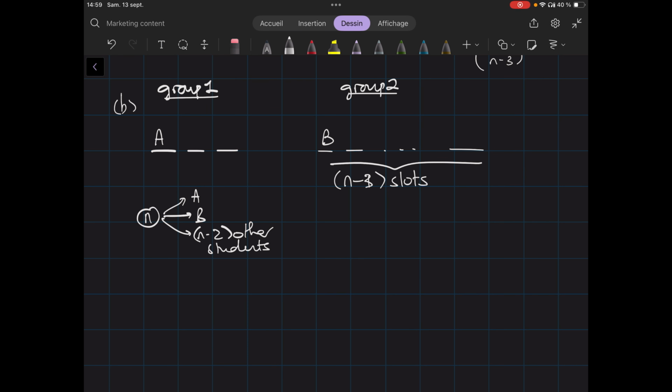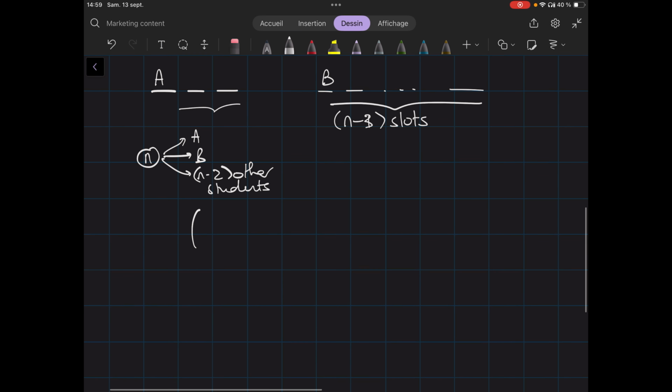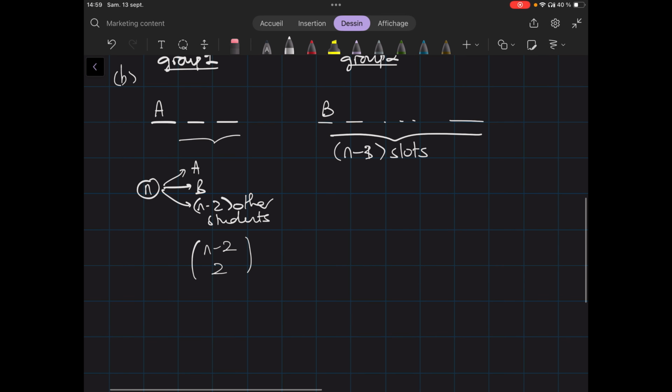How many ways can we choose the students to complete group 1? n minus 2 choose 2, right? We need to choose 2 students from the remaining n minus 2 students. The remaining n minus 4 students will just take up the remaining space.